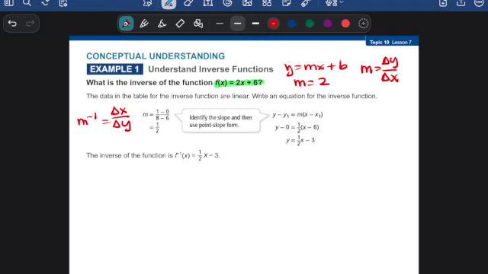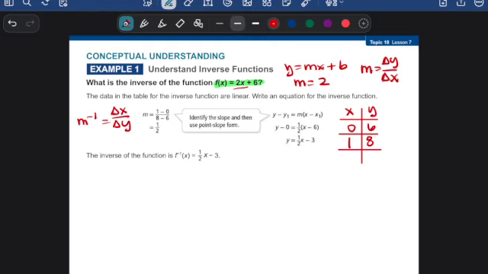If we had a table, I'll copy the table over here, and we can just pick two points. So this is the original table. When x was 0, if I plugged 0 into my original function, 2 times 0 plus 6, my y value is 6. And when x is 1, 2 times 1 plus 6 would be 8. So this is the original function.